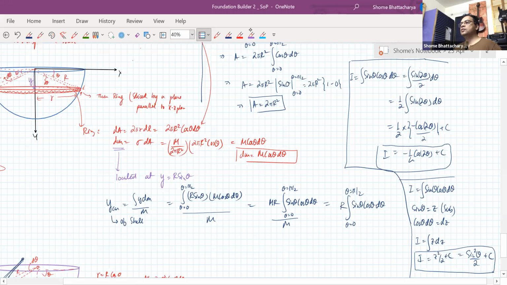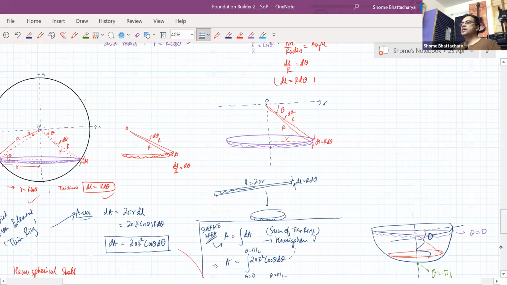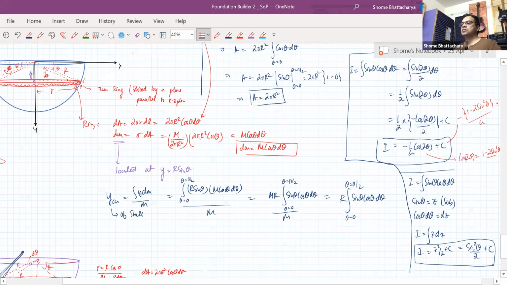The answers are equivalent because I can always write cos 2 theta as 1 minus 2 sine square theta. So if I can do that, I can write this as minus of 1 minus 2 sine square theta by 4 plus c, and that will give me the same thing actually.